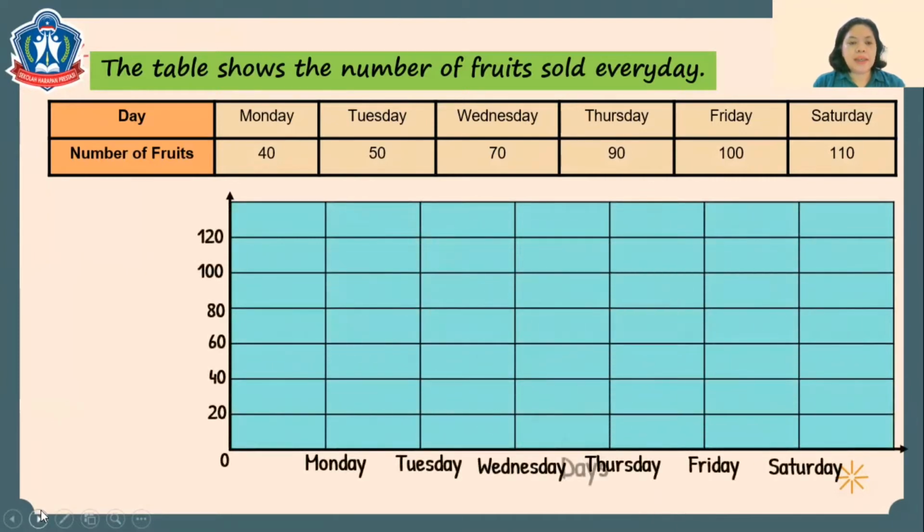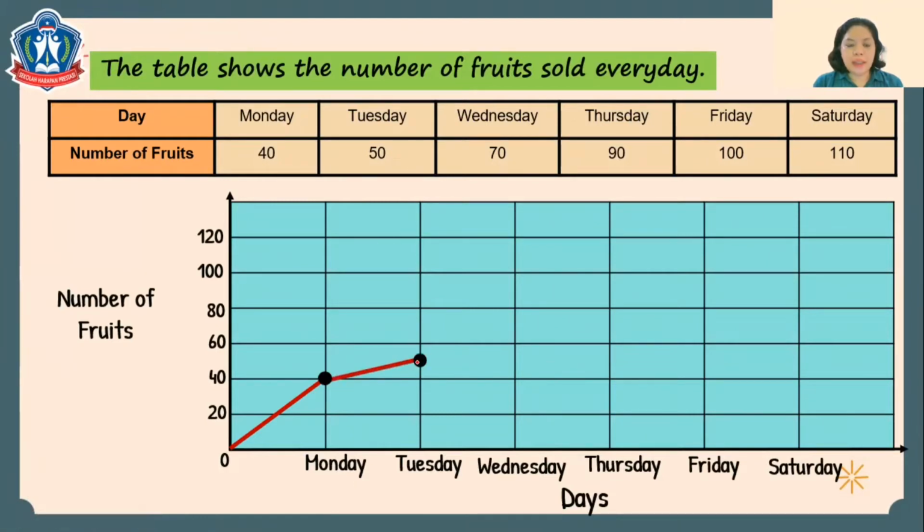As you can see, we have the days, from Monday until Saturday. On the other side, we have the number of fruits. On Monday, we have 40 fruits, so we put that here. Next, on Tuesday, we have 50 fruits.